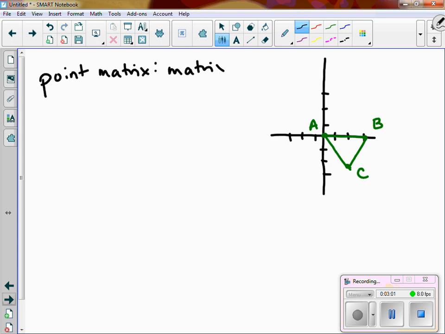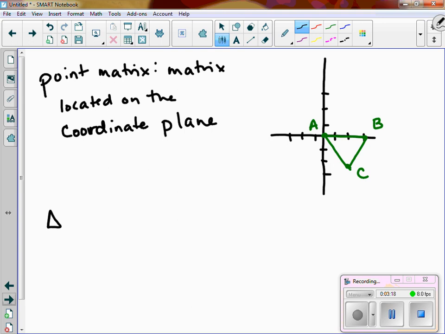So this is a matrix located on the coordinate plane. This triangle is going to be denoted, and I always list my points to make it easier to visualize: your x coordinate goes in the top row, your y goes in the bottom row.